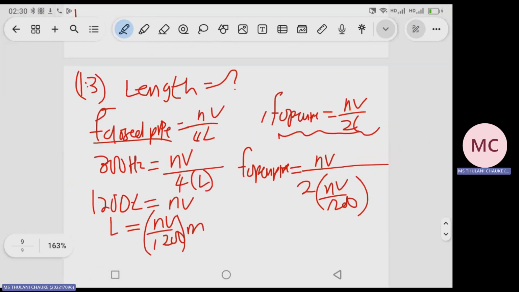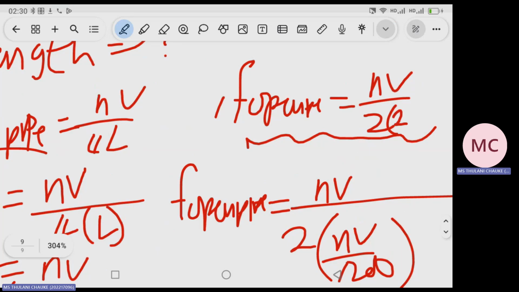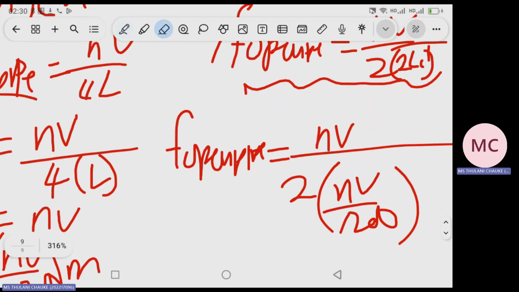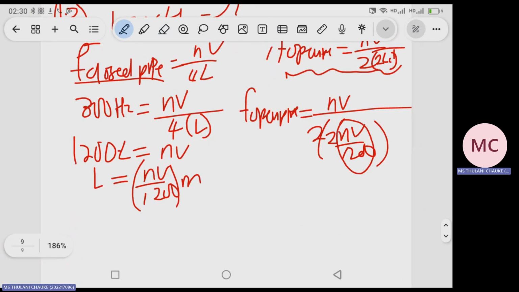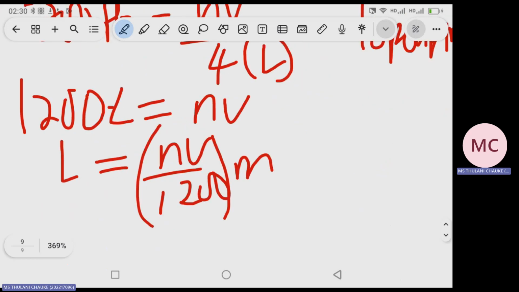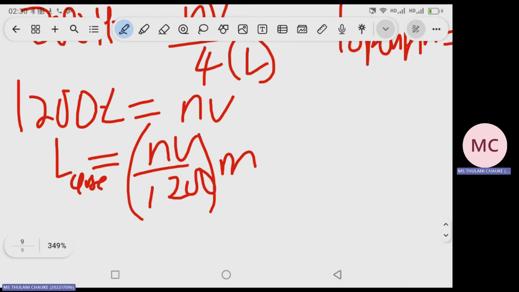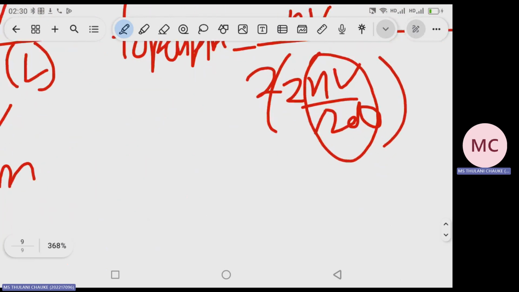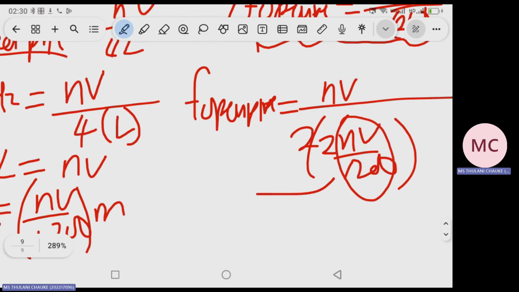So I'm going to say 2 times the length of the closed pipe. Meaning that I have 2 times another 2 here. Then this one is the length of the closed pipe, which is the one that I replaced there.